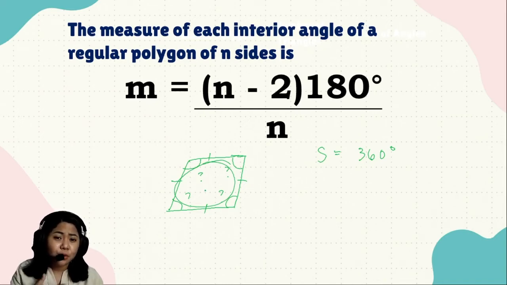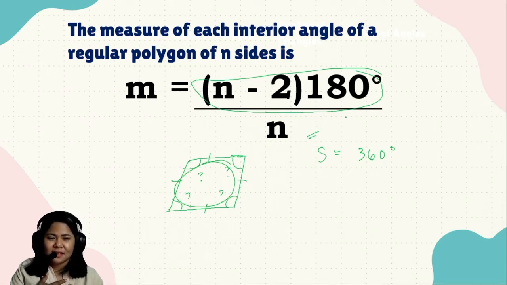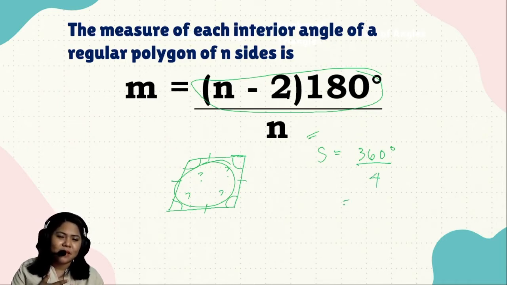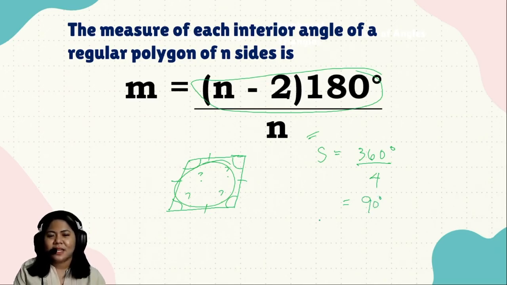So all you have to do is, of course, get the sum of the interior angles, then divide it by the number of sides. So in this quadrilateral, meron tayong 4 sides. So 360 degrees divided by 4, that is 90 degrees.